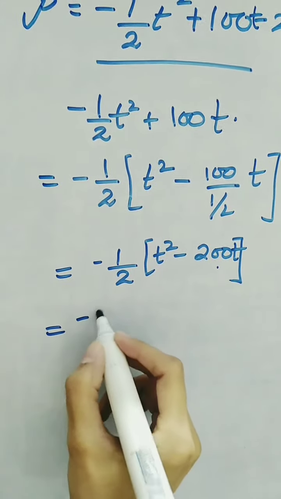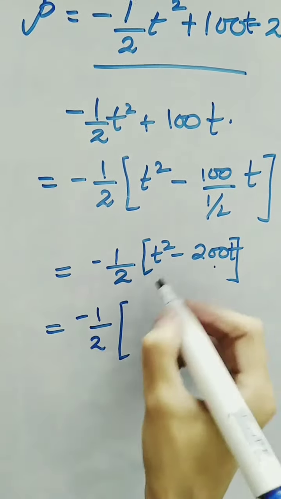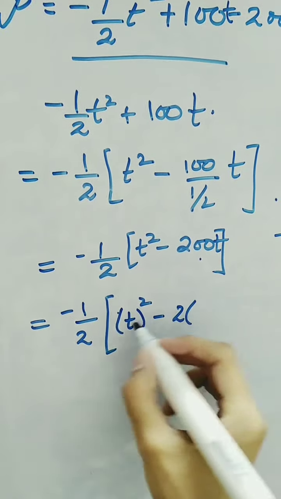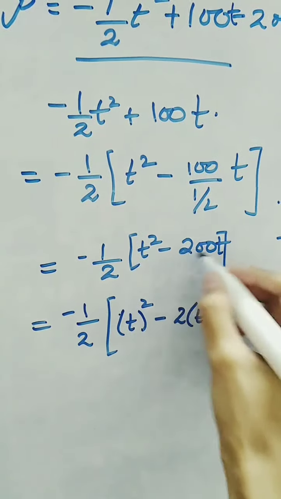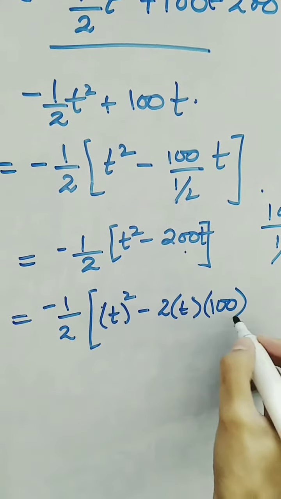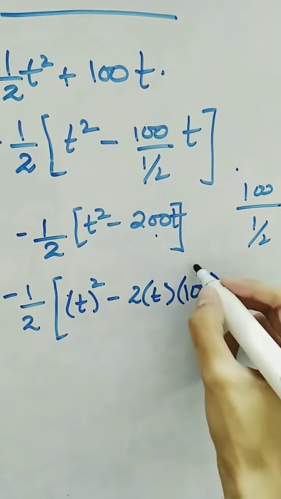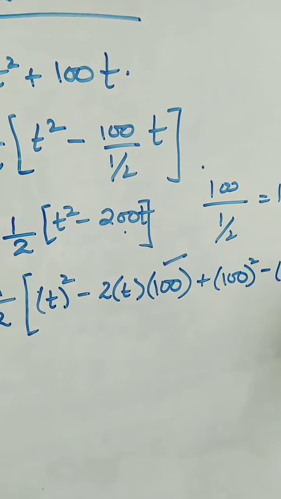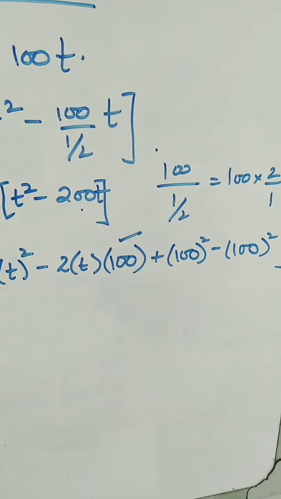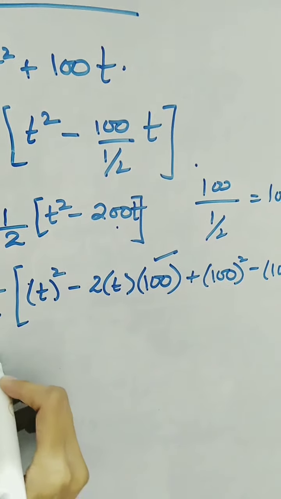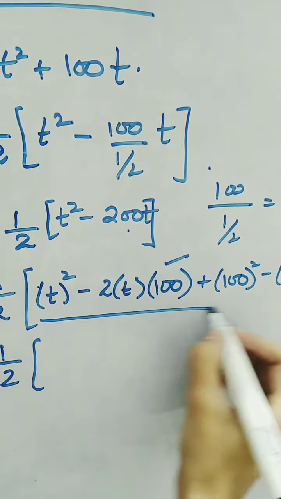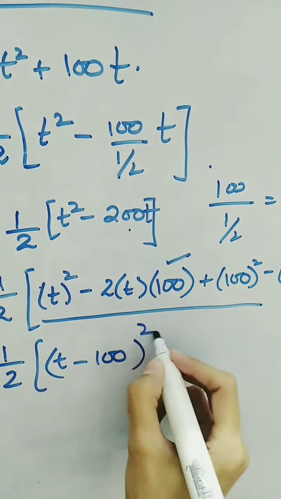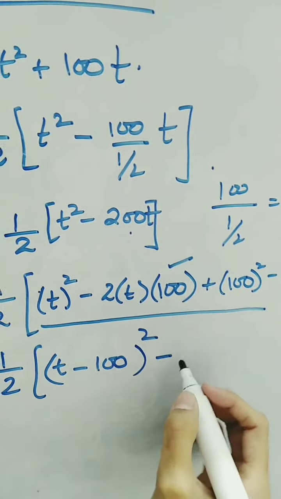Now we are going to put it into a standard formula form, which is a squared minus 2ab plus b squared. In order to get 200T we are going to multiply 2T with 100. So we know that b is 100, b squared is 100 squared, and in order to cancel out the extra term we are going to take it in negative form as well. So we put these terms into the formula and it becomes T minus 100 whole squared minus 10000.